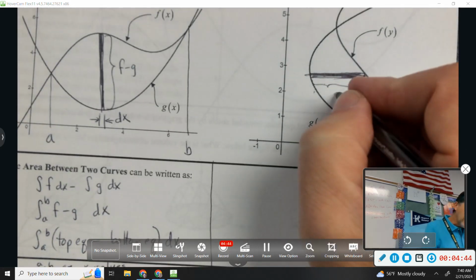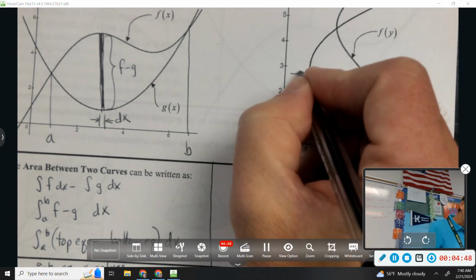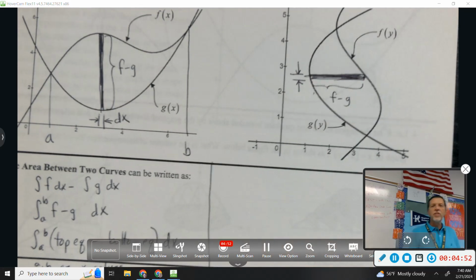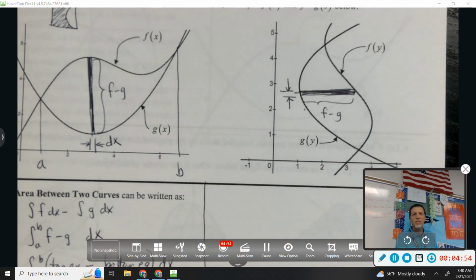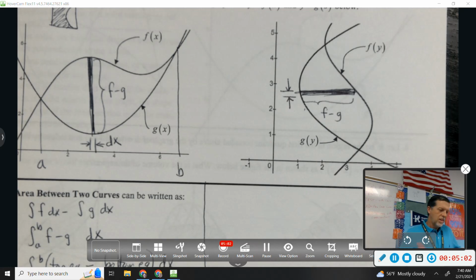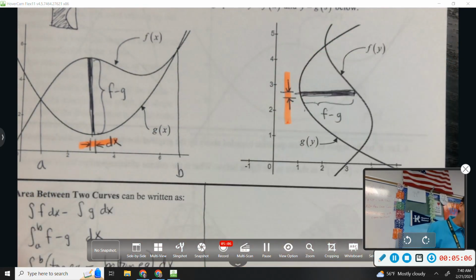But the height of that is F minus G. And then here's maybe the tricky part. What's the thickness of that rectangle? Compare it to the thickness of this rectangle. So that thickness is dy.